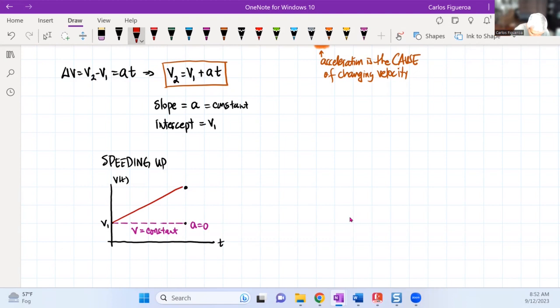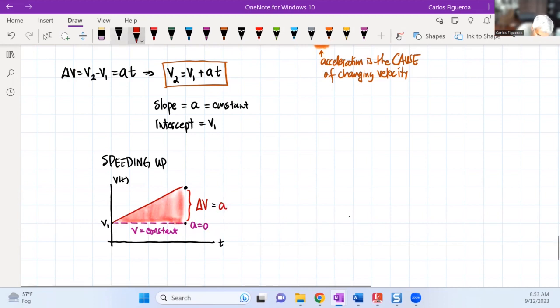When you're looking at this, this represents how velocity is changing, because this tells me that this is delta V. And this delta V, as we already said, was equal to the acceleration times my time interval.